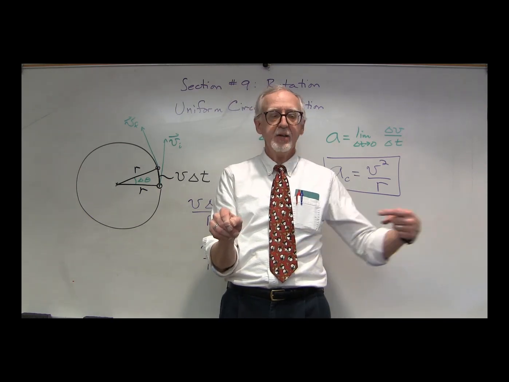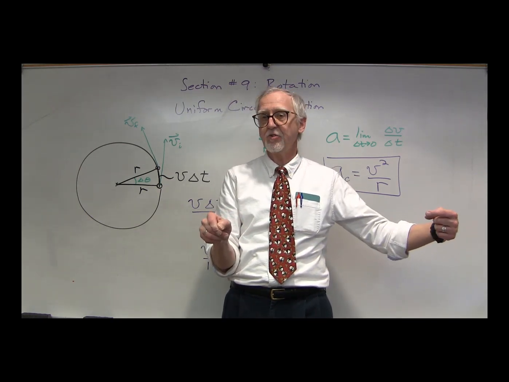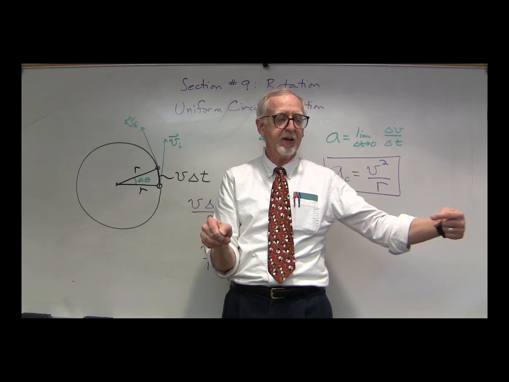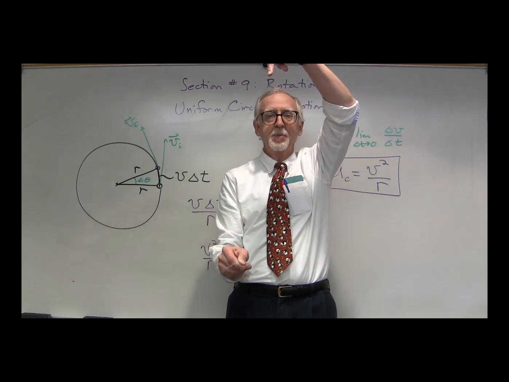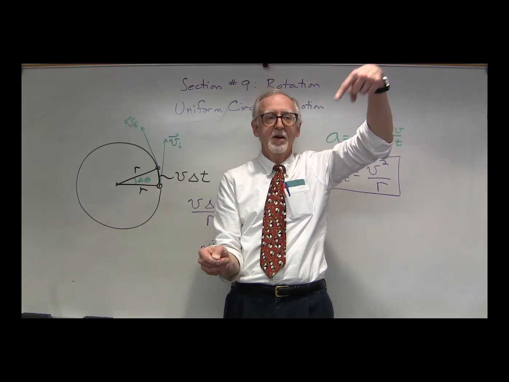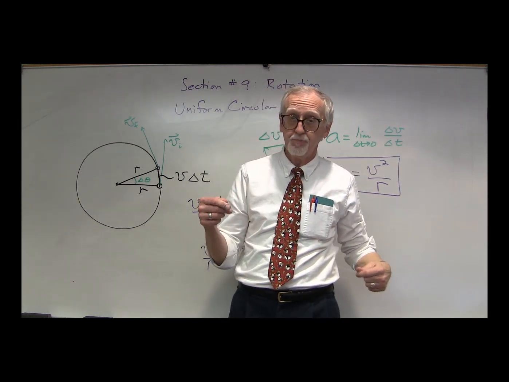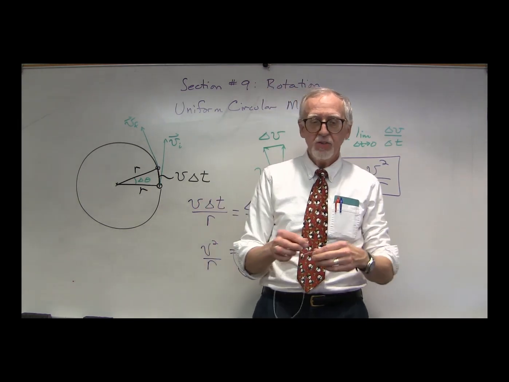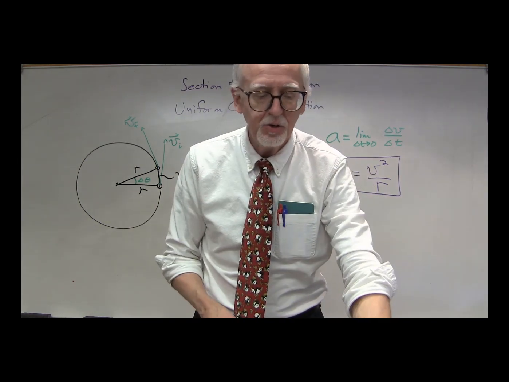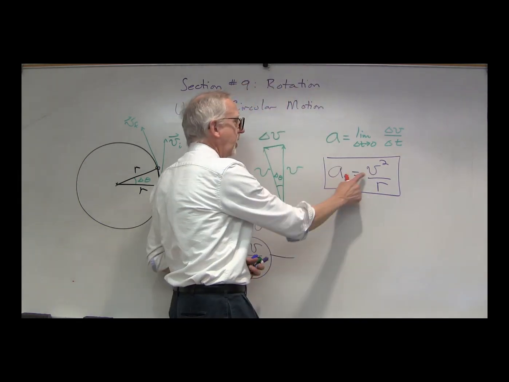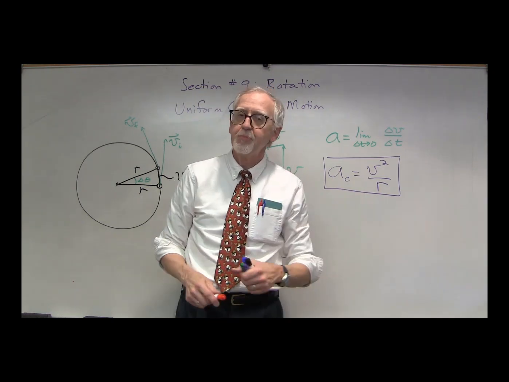The acceleration is directed toward the center. So wherever the mass is, when it's over here, it's accelerating this way. When it's up here, it's accelerating that way. When it's here, it's accelerating that way. Always toward the center of the circle. And what's the magnitude of the acceleration? The magnitude is v squared over r.